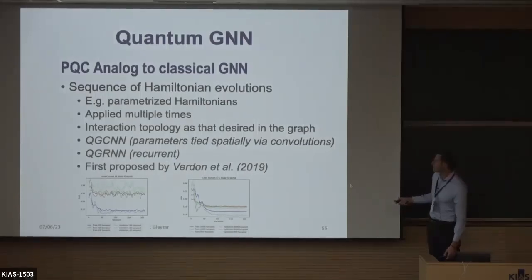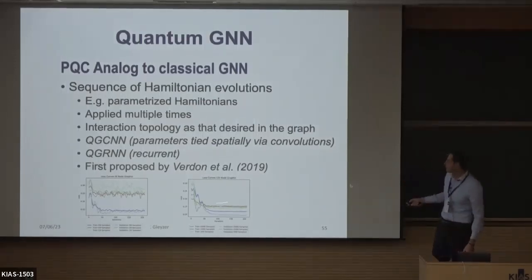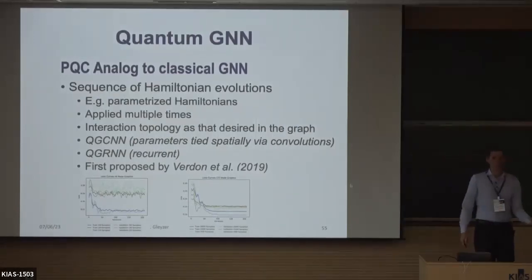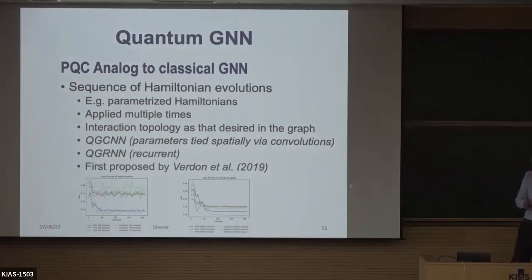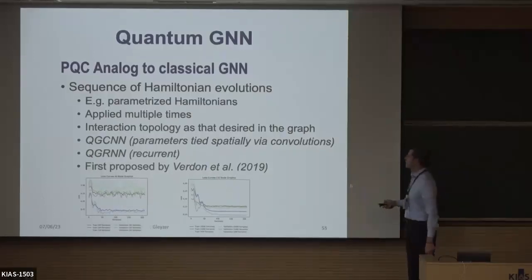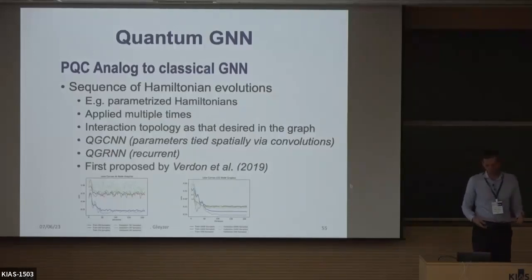This was proposed around 2019. There are new ideas that have come out since then, but it seems to be a promising idea if you're working with graph representations. Currently small graph representations, right, given the near-term qubit possibilities, but certainly a promising idea. This is also at the front of research today.